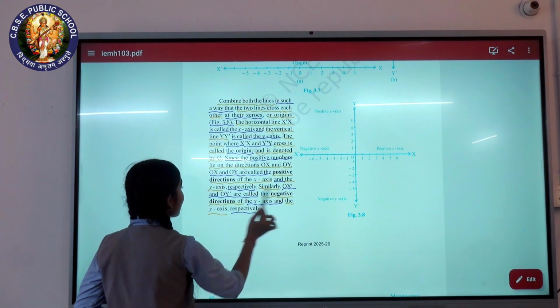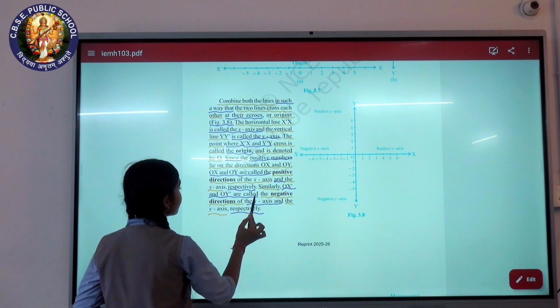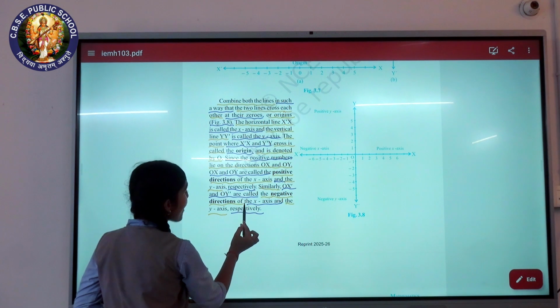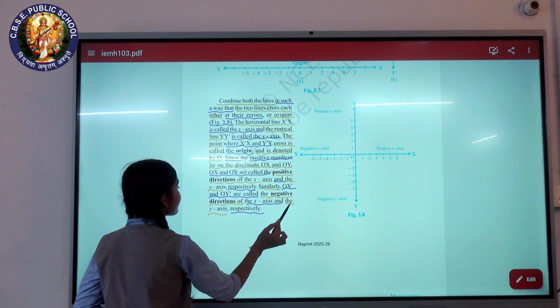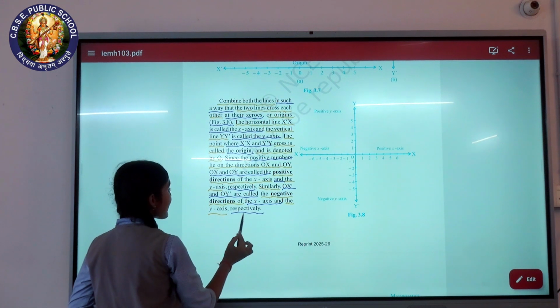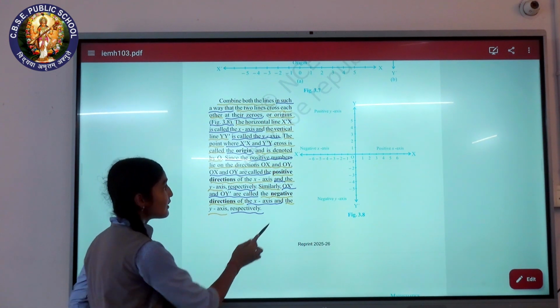Similarly, OX dash and OY dash are called the negative directions of the x-axis and the y-axis respectively.